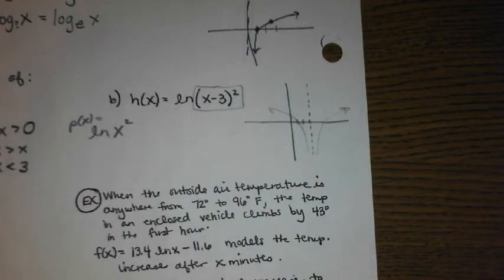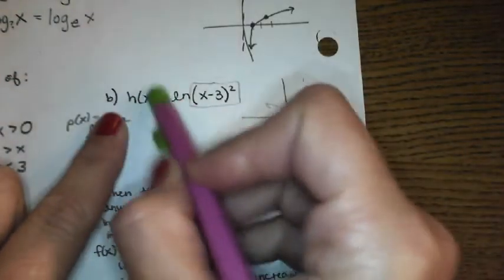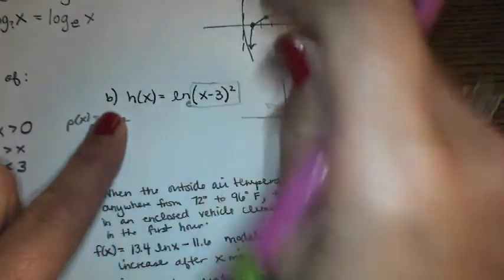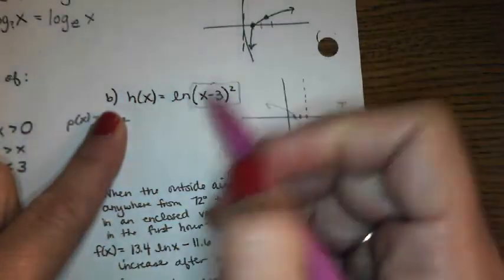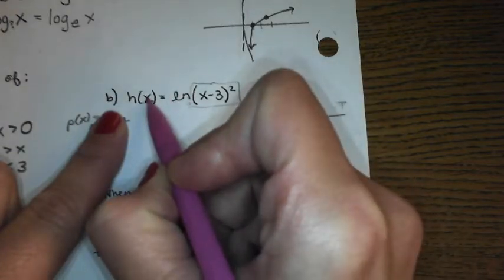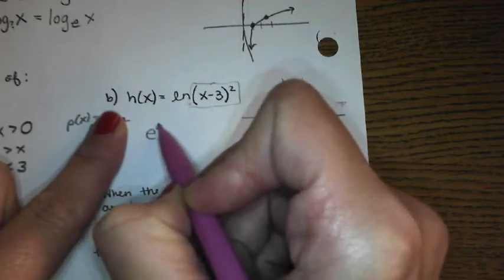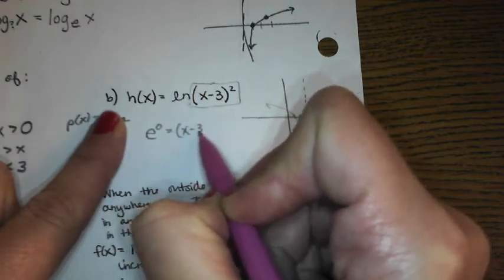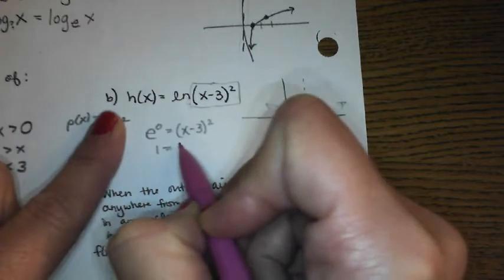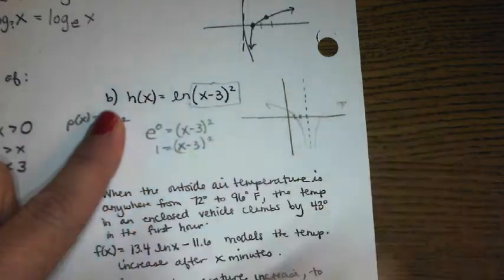Okay. My x-intercept, when y equals 0, right? This is where you'd have to follow your translation rule. Look up at the board. It would be your base of e raised to the 0 power equals x minus 3 squared, right? Which is going to be 1 equals x minus 3 squared.